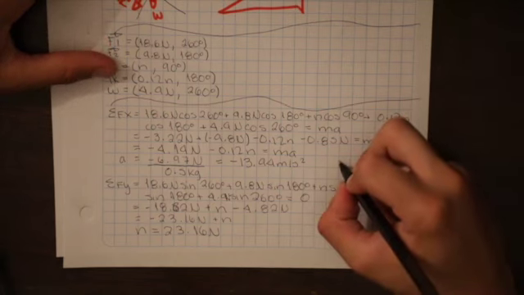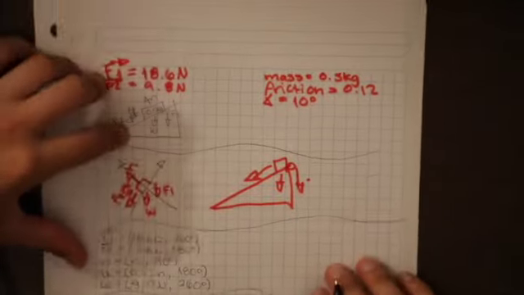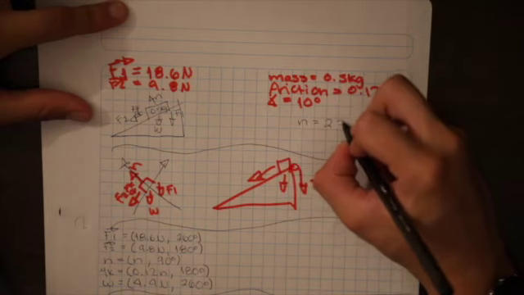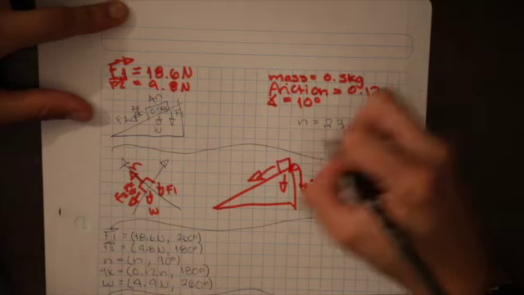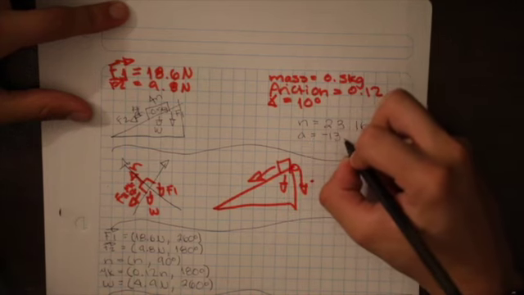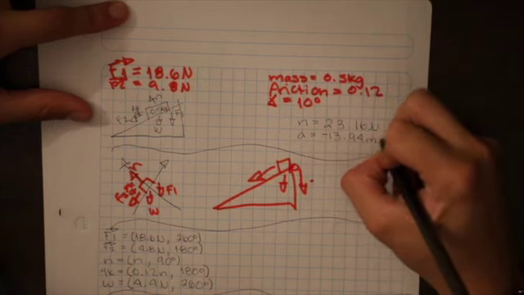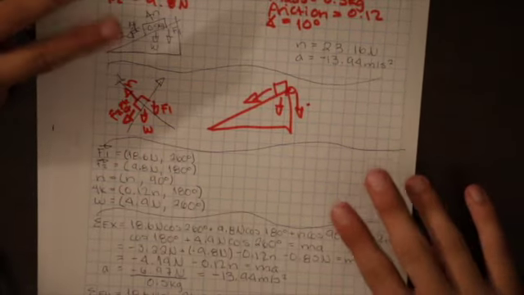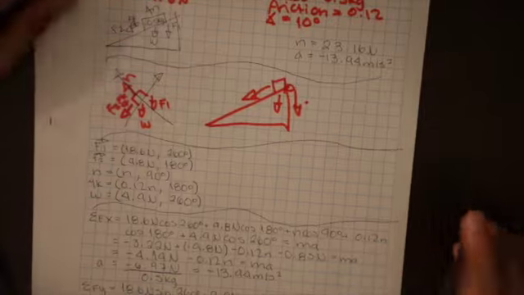So we put here the results. I'm gonna put them up here. So it's going to be N equal 23.60 newtons and a equal minus 13.94 meters per second squared. So these are the final results of the second and last problem.